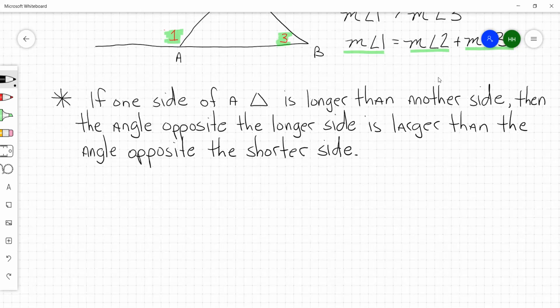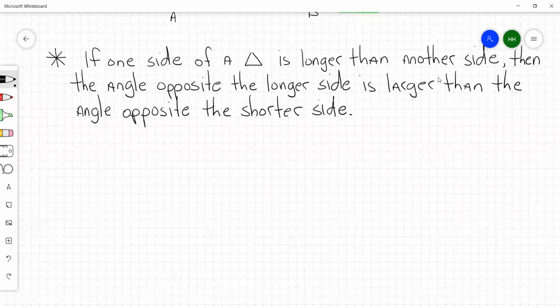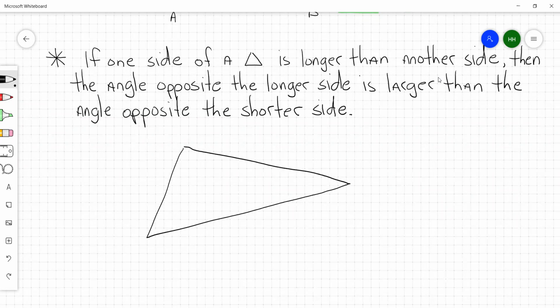The picture we draw is going to make more sense than the words. If we draw a triangle ABC, and let's say that the side lengths are 8, 12, and 19.